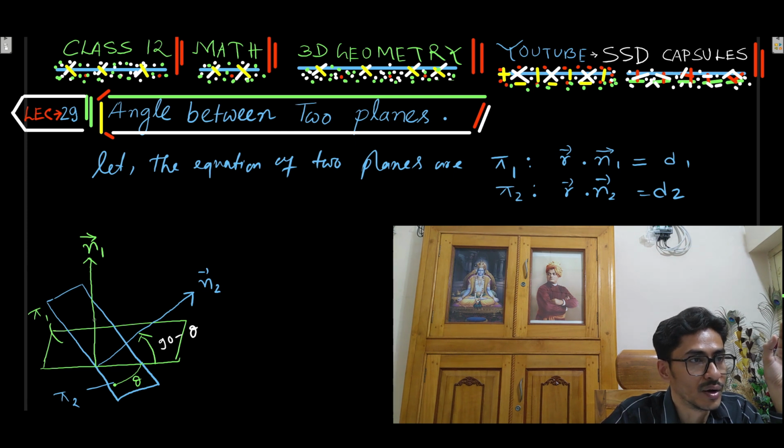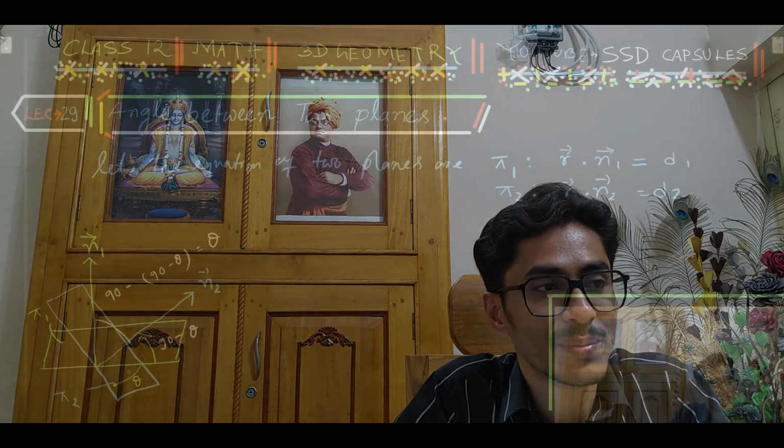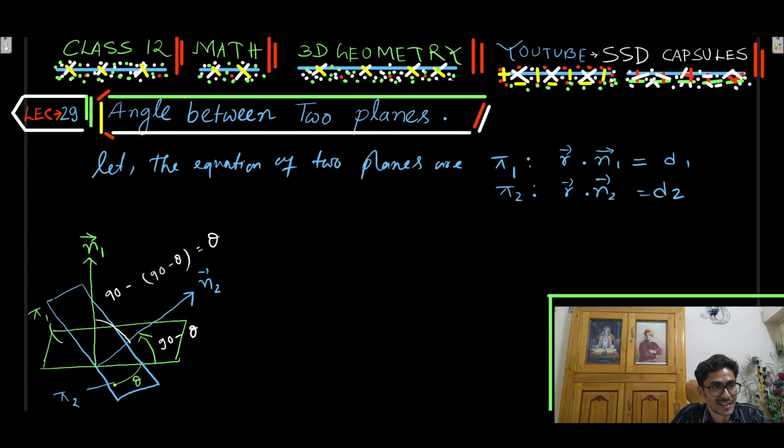So this angle becomes 90 degree minus 90 minus theta, equal to theta. So we have understood in the diagram also that the angle between the two planes, theta in green color, is nothing but the angle between the respective normals to the planes, here in white color.